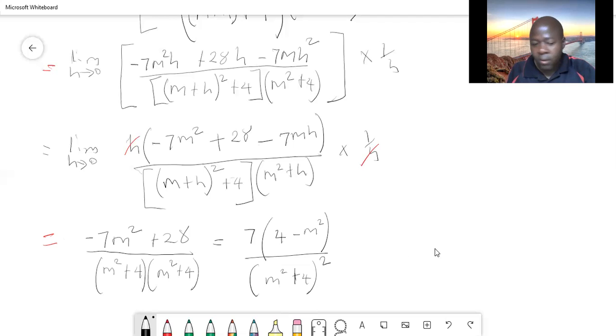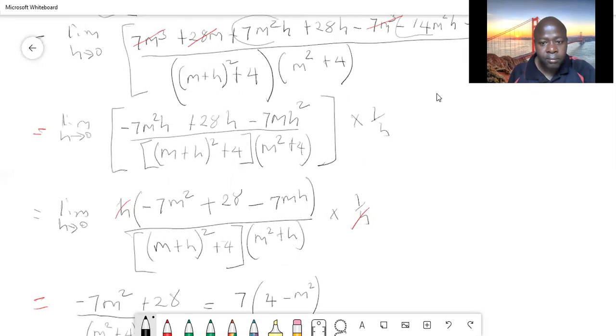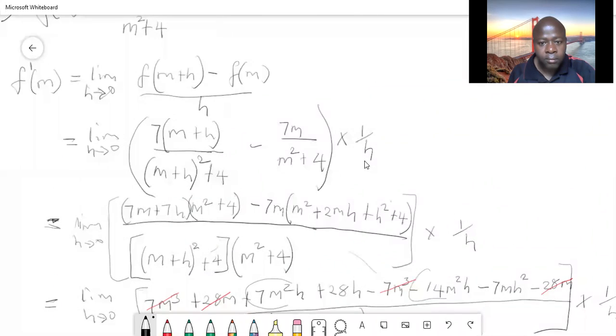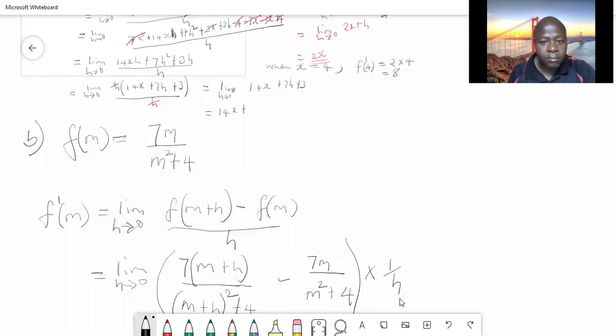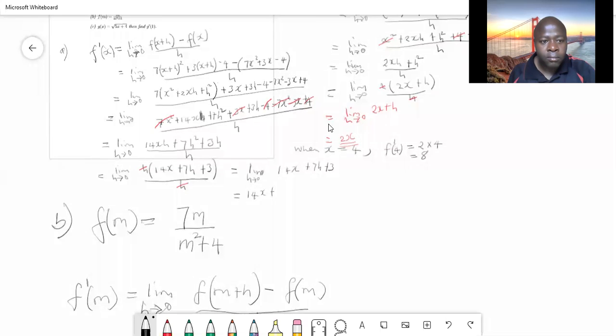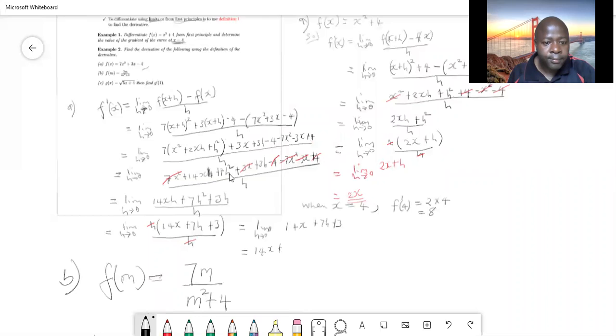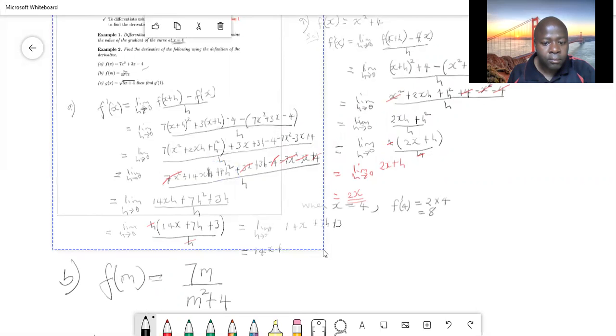Okay, let's look at the other question, the last example. It was the derivative: g of x equals the square root of 5x plus 4, and then we're supposed to find g prime when x is 1.